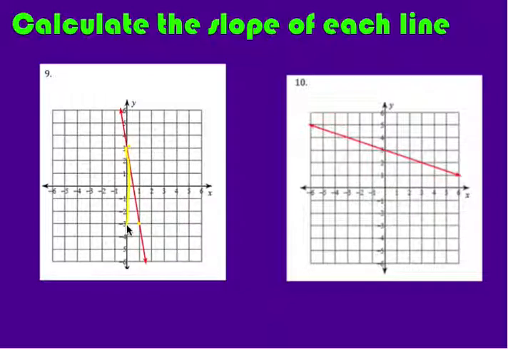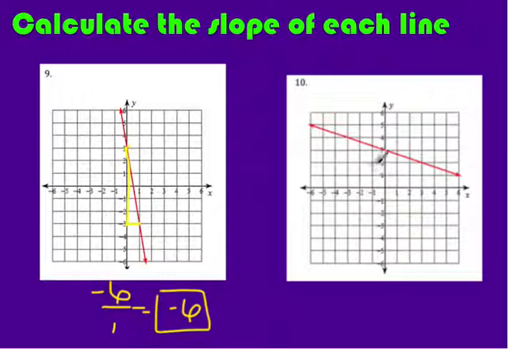Now remember that down is negative, so when I make my slope, I'm going to write that as a -6 because I went down 6. And then I notice that I go over 1, so then my denominator is 1. Well, -6 divided by 1, that's something that's pretty simple for us to figure out, and that's just going to be -6, because -6 divided by 1 is simply -6.